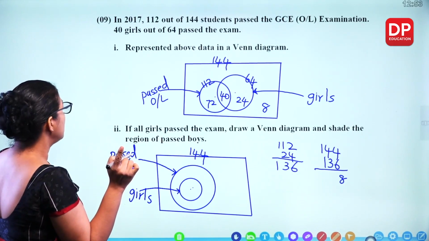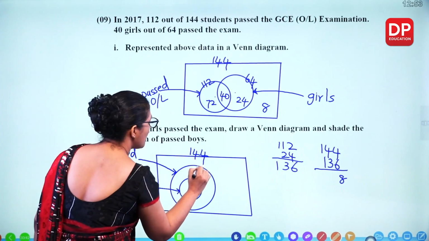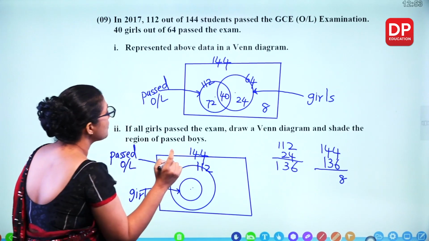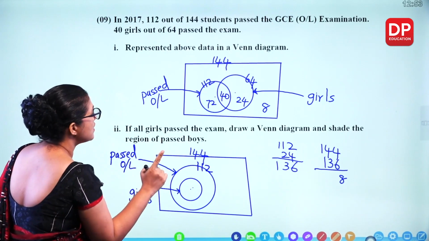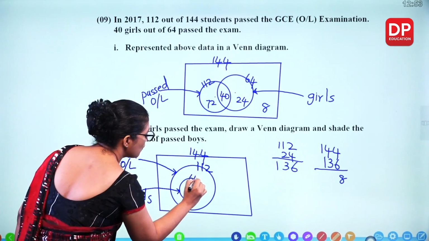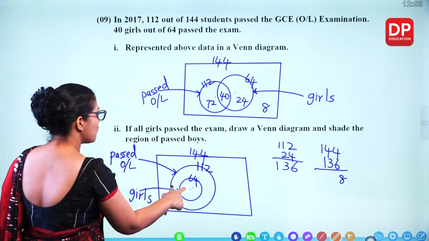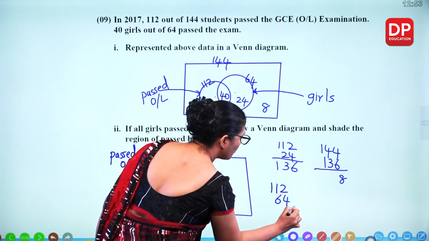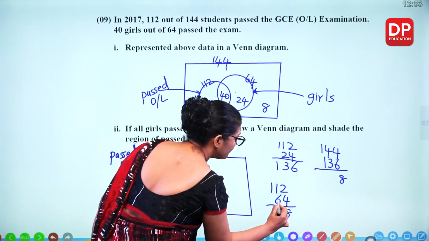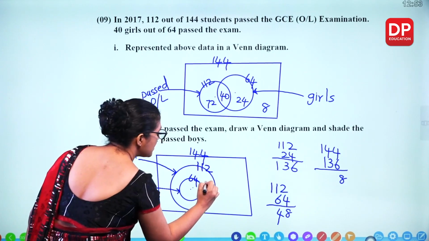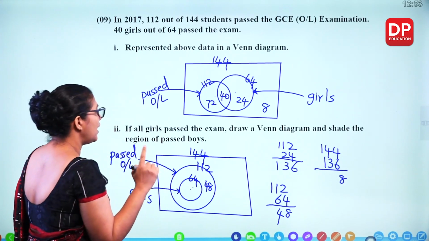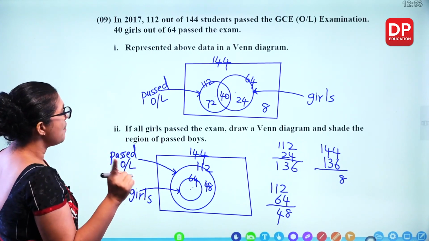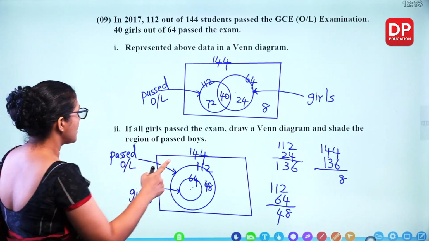Now how do we fill? This is 112 and altogether 64 girls. So 64. So what's the difference here? 112 minus 64, 48 here. And outside the same number. Just check.